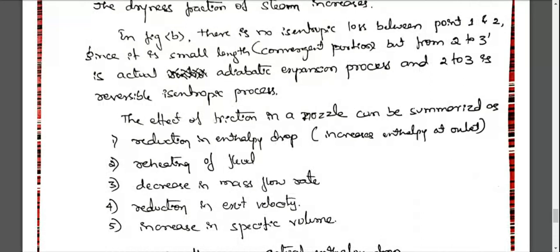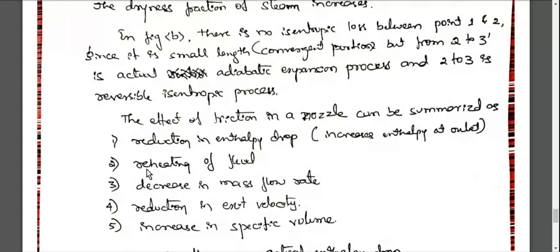But if they ask you in another way, whether the effect of friction increases or decreases the enthalpy at the outlet of the nozzle: compared to the isentropic and actual process, in the isentropic case the enthalpy at point number 3 is h3, but due to friction in the actual expansion, point number 3 moves to 3 dash. So due to friction, enthalpy increases. It is compared to isentropic only.